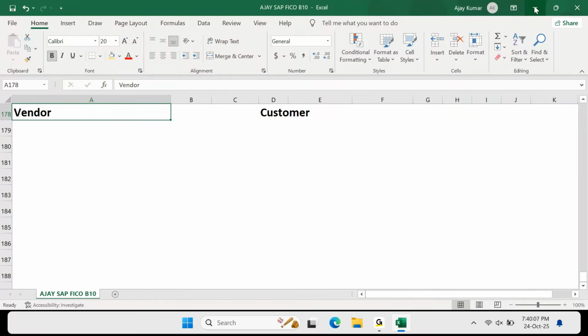It's a common terminology applicable for both customer and vendor, buying and selling, or purchases and sales. You need to differentiate it: customer invoice, vendor invoice, or incoming invoice, outgoing invoice.